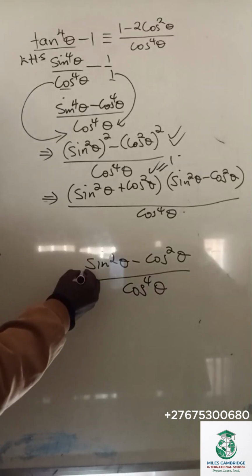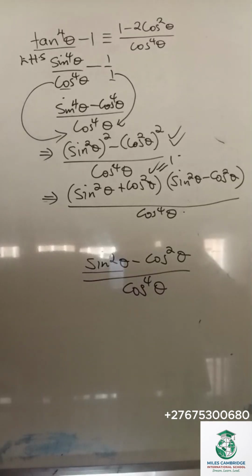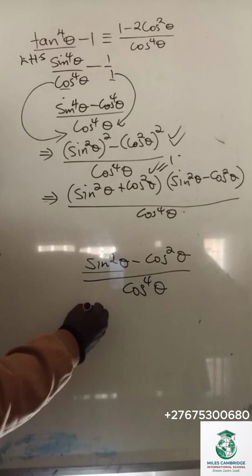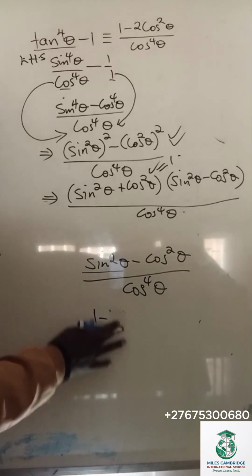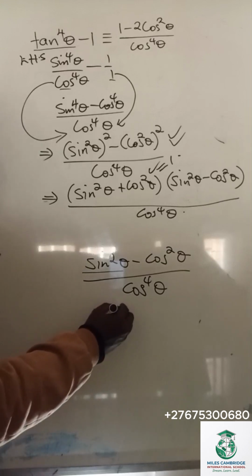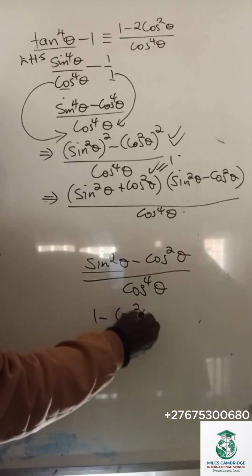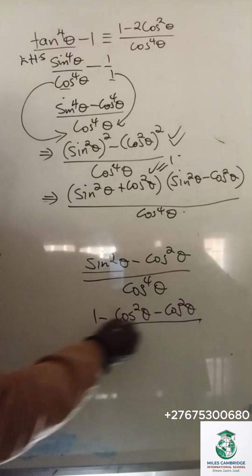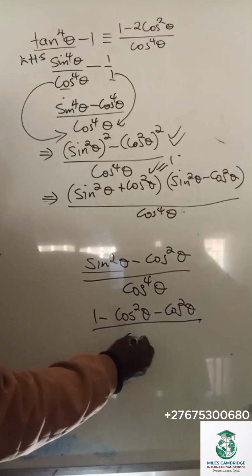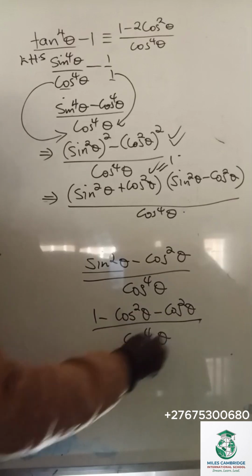But what is sin²θ in terms of cos θ? We know that sin²θ is equal to 1 minus cos²θ. So we have 1 minus cos²θ minus cos²θ, all over cos⁴θ.